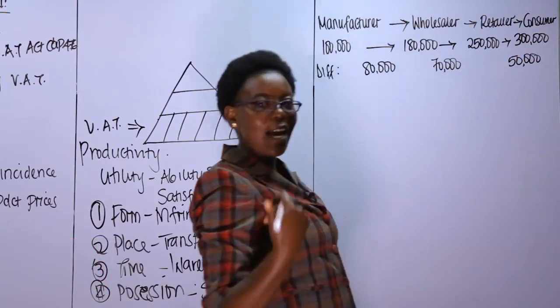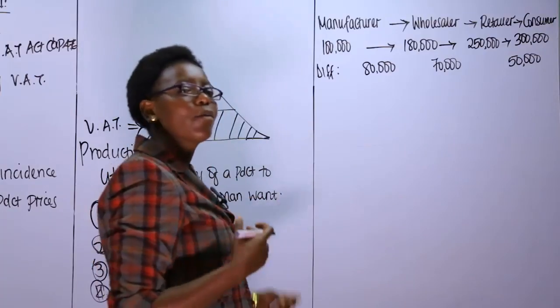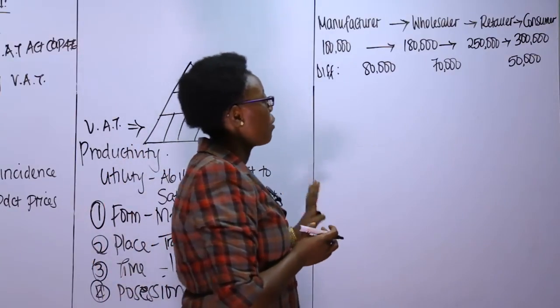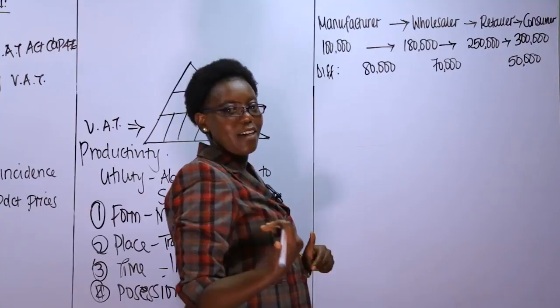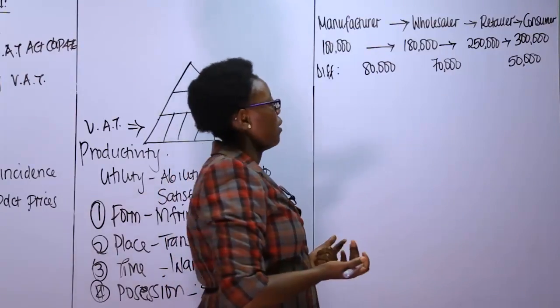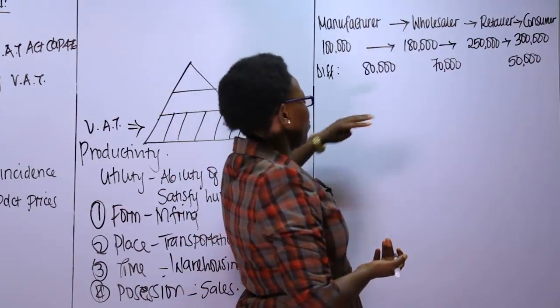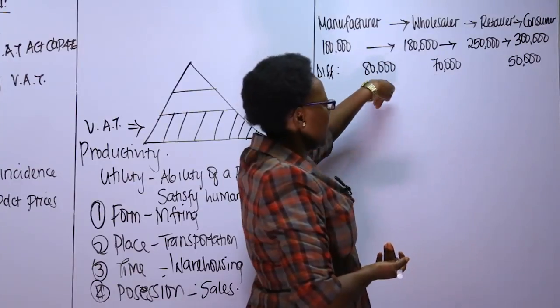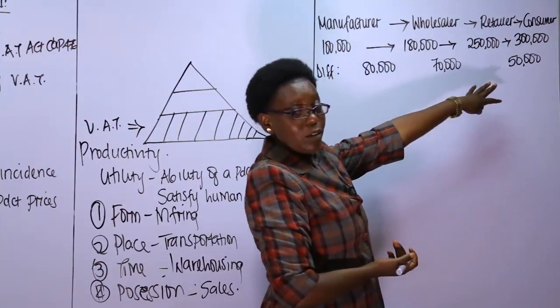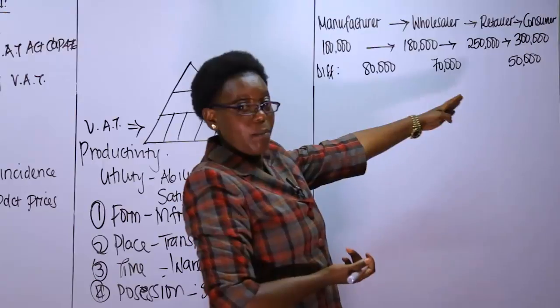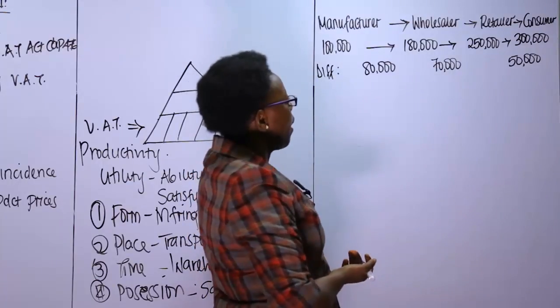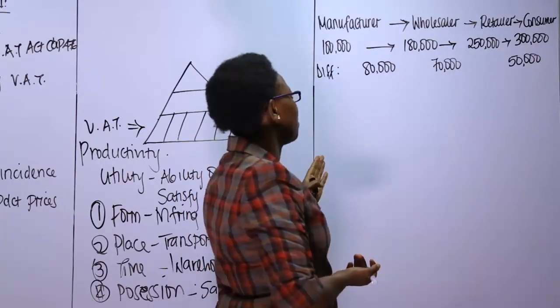Now we said tax is a proportion of wealth that is given up to KRA. The current rate of VAT is 16%. So it's saying on the value 80,000, 70,000, and 50,000 that is created by each of the intermediaries, we are going to charge 16%.